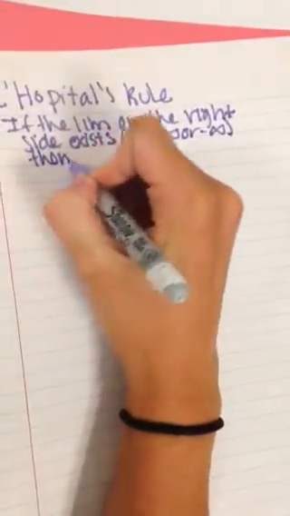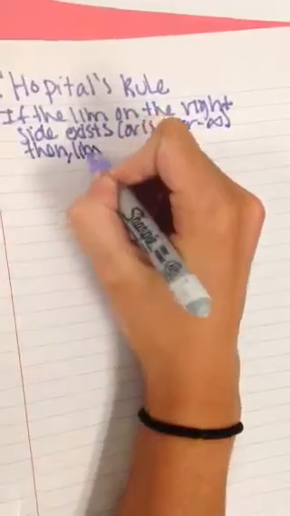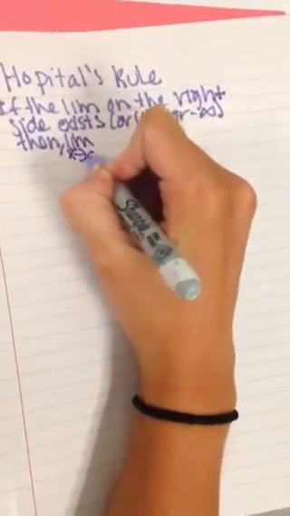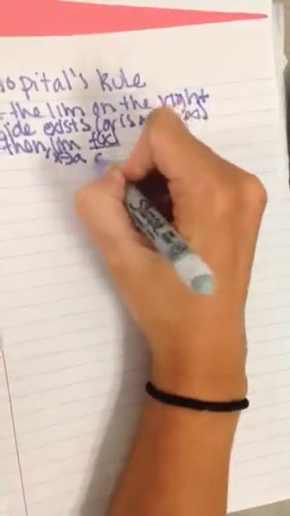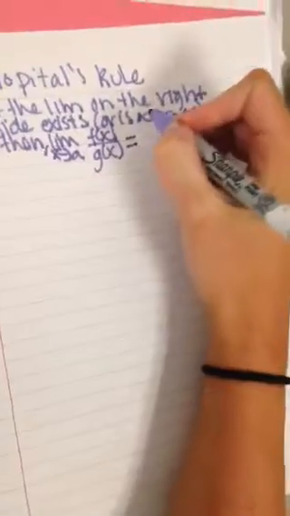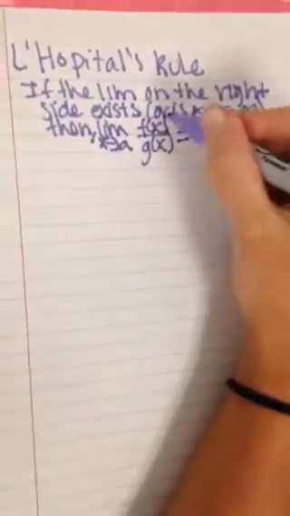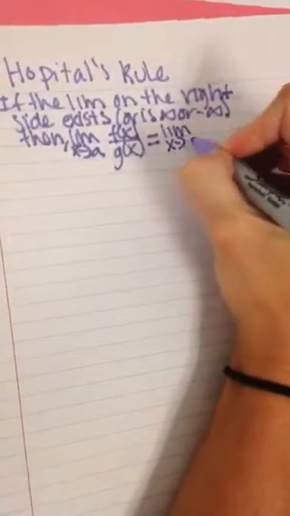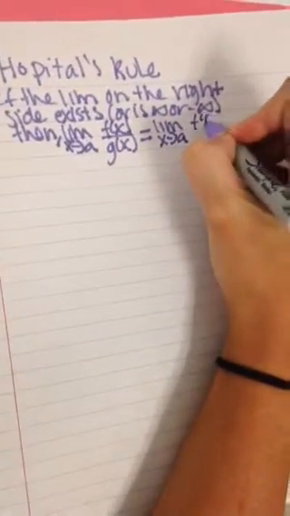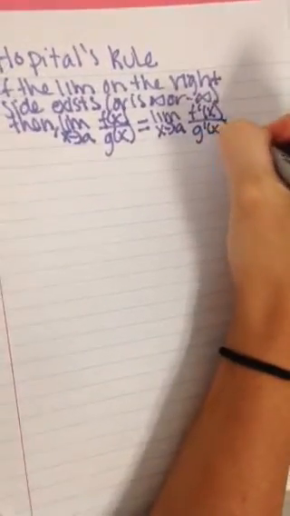Then, for the limit as x approaching a of f of x over g of x, you could just find the derivative of the top function and the bottom function to get your answer. So the limit as x approaches a of the derivative of f over the derivative of g.